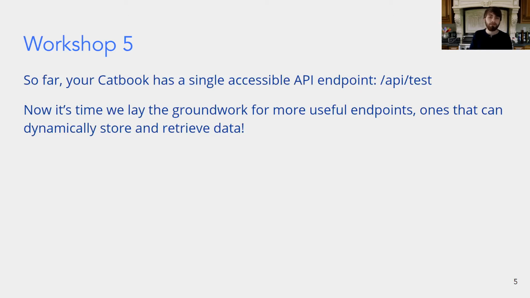We only have the /API/test, and all that does is give us back a singular boring string. So we want our cat book to actually have more useful endpoints, ones that dynamically store and retrieve data. But to do that, we have to do some more fancy things.